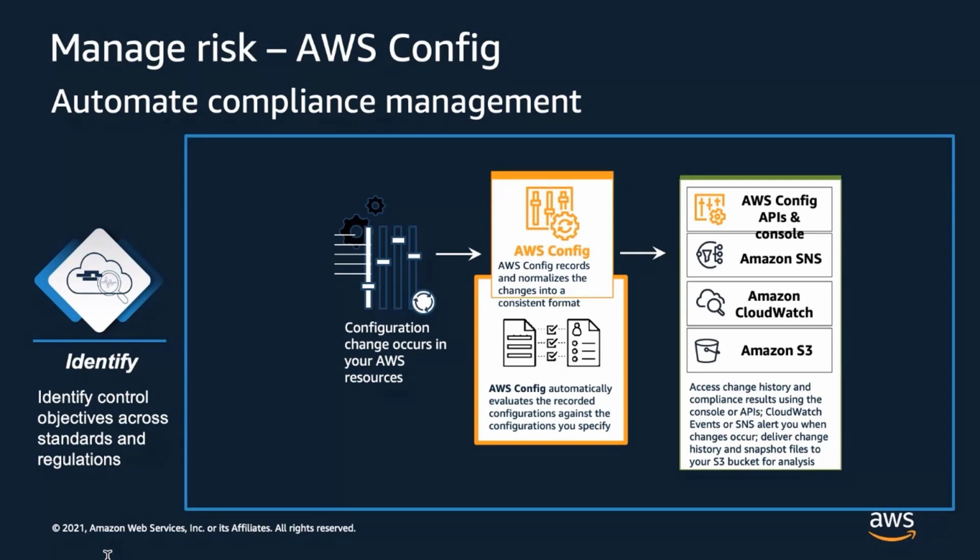Those are called managed rules since they are provided and managed by AWS. But you also have the ability of creating your own custom rules powered by the AWS Lambda platform. Utilizing AWS Config can help you manage and track your configuration changes on your AWS infrastructure.